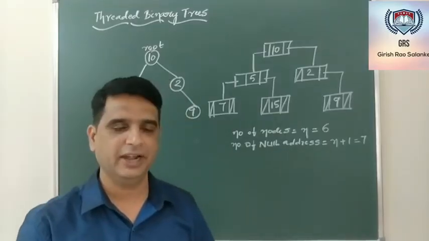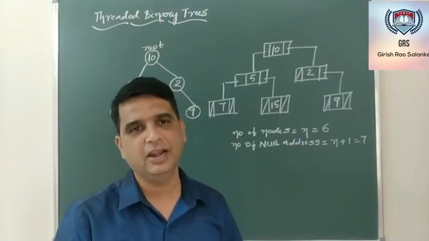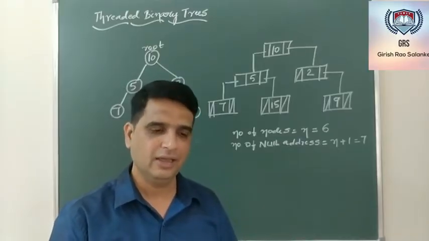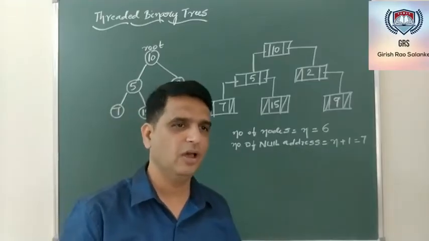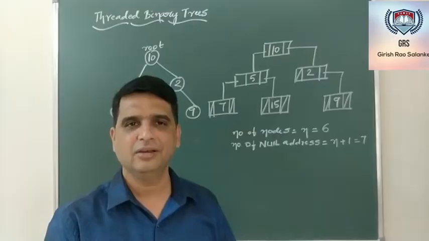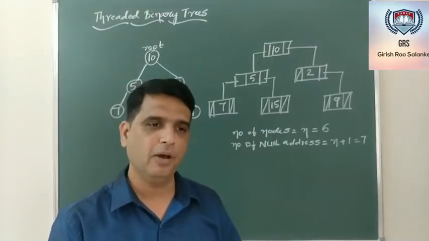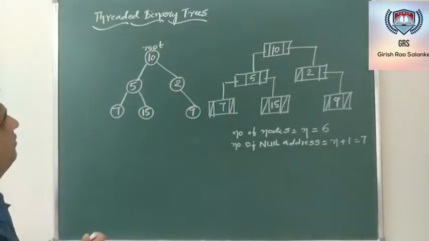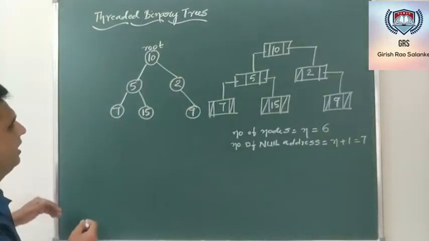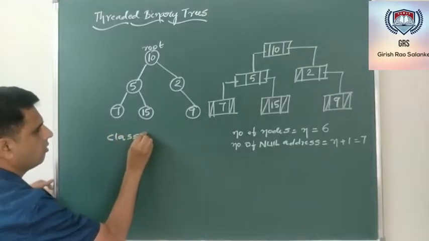Note that in a threaded binary tree, none of the address fields will be storing null. Either the address field will be storing the address of the predecessor node or the address of the successor node. Depending upon what we are storing in the address field, we can classify threaded binary trees.